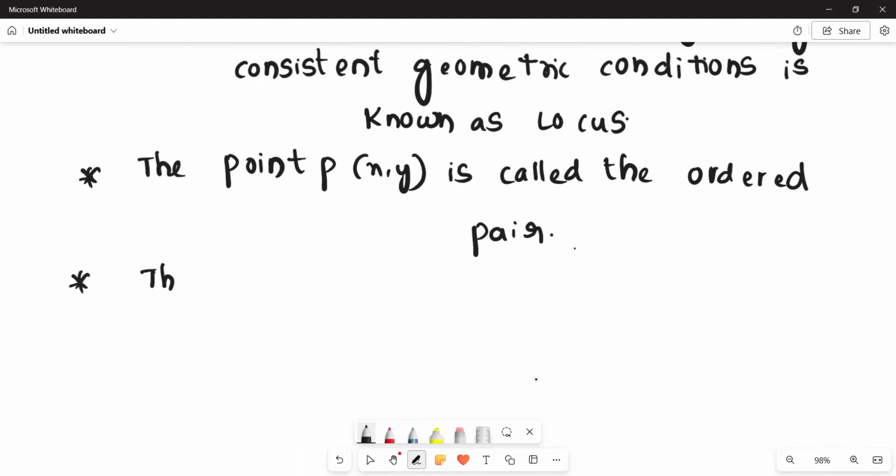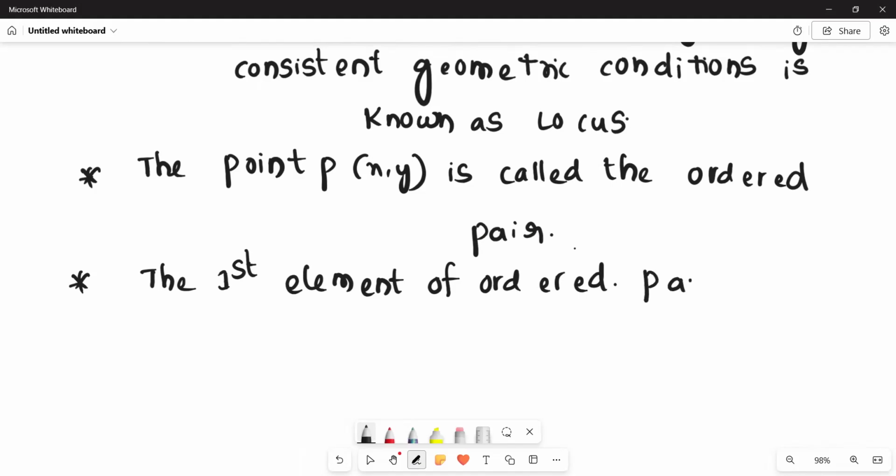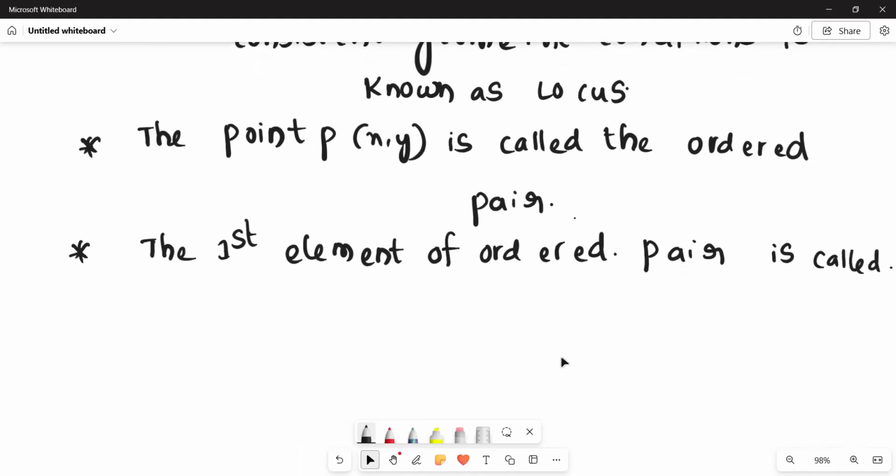In that, the first element of the ordered pair is called the x coordinate. We usually have this kind of terminology.